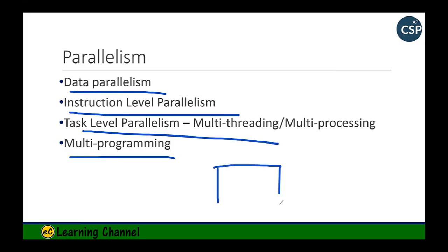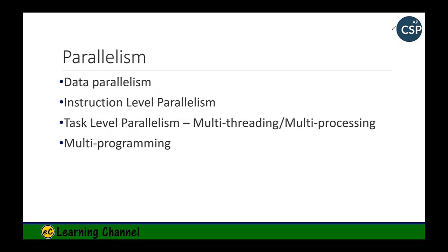Multi-programming means I use multiple computers to compute one thing, which is slower than putting it into data level parallelism. So these are different levels of parallelism. They share different properties, but they are very important. Any questions so far?